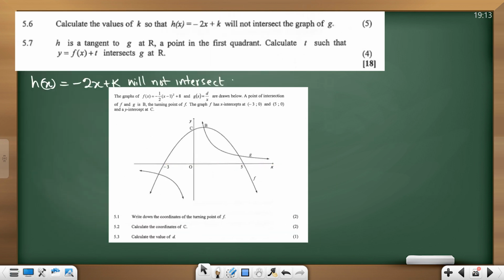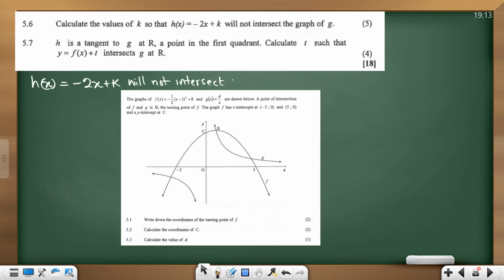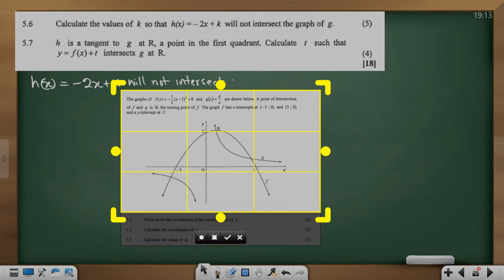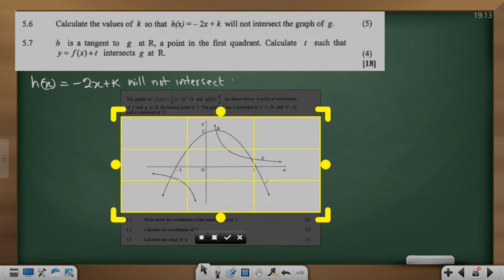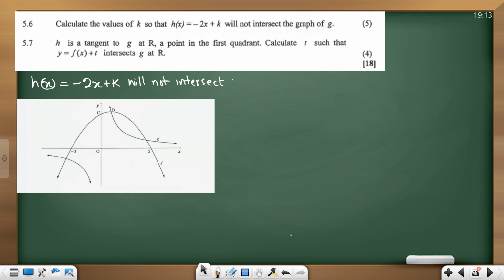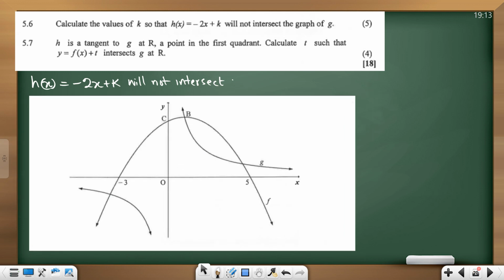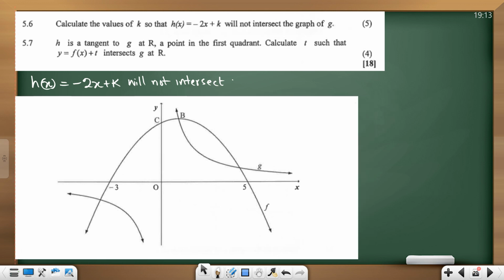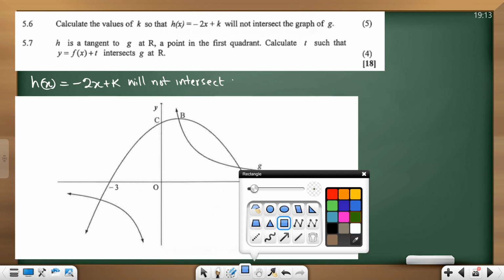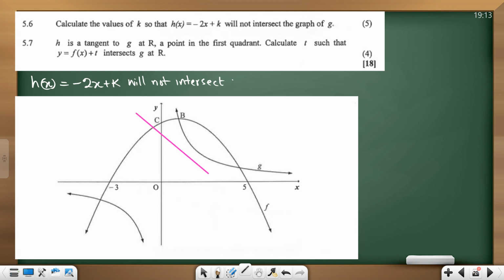When the examiner says minus 2x plus k, they are referring to a straight line with a negative gradient. I'm going to try to sketch that line for you. We are looking at something that looks like that.